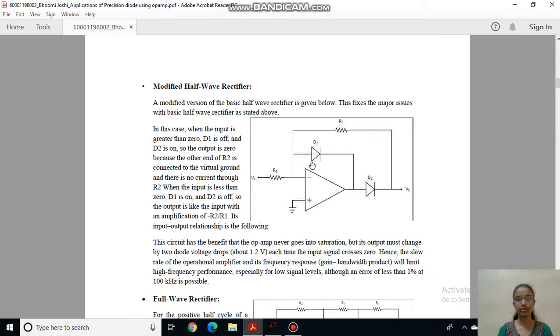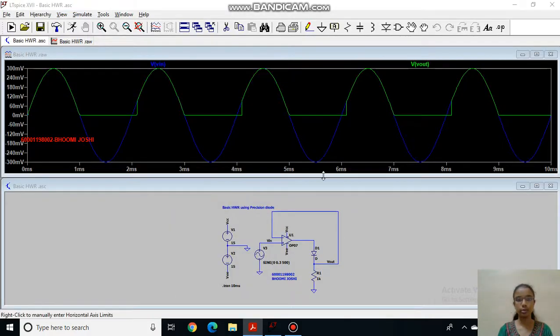So because this is off, D2 gets activated and we will get our output as 0. And whenever the input voltage is less than 0, then D1 will be turned on and D2 will be turned off. So we will get output as our input voltage.